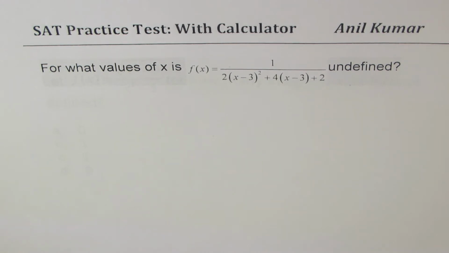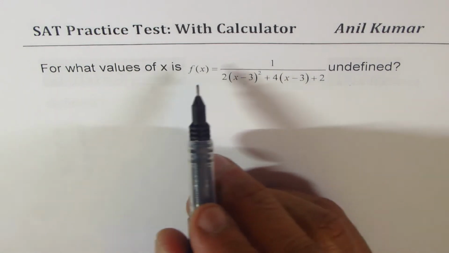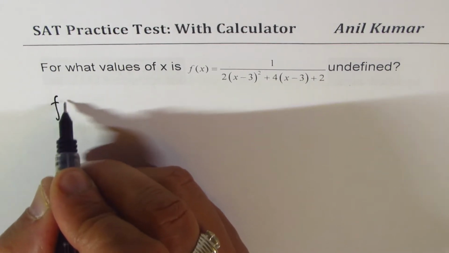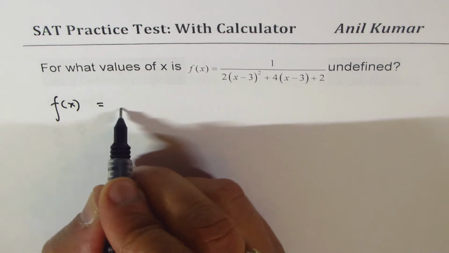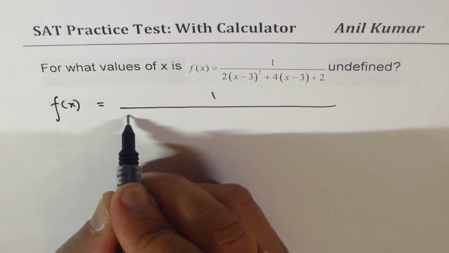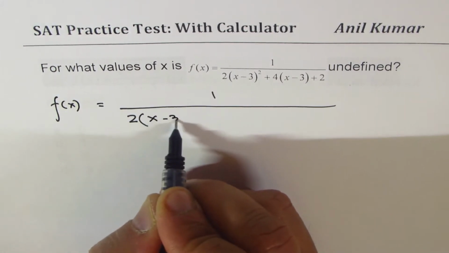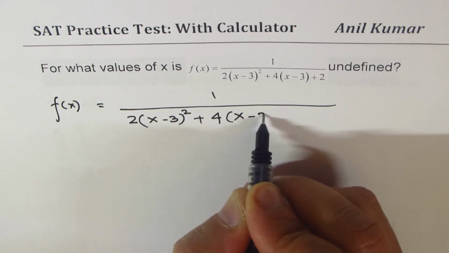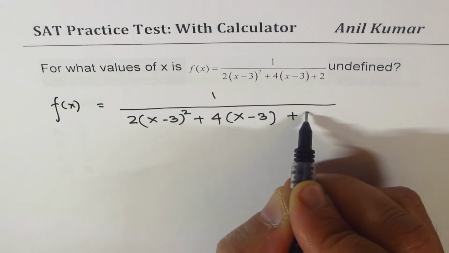Next question is, for what values of x is this function undefined? Now this is a rational function. Let me rewrite this a little bigger. The function here is 2 times (x minus 3) whole squared plus 4 times (x minus 3) plus 2 in the denominator.